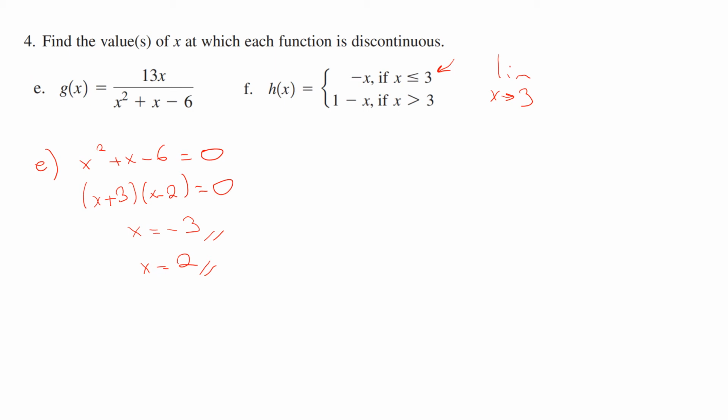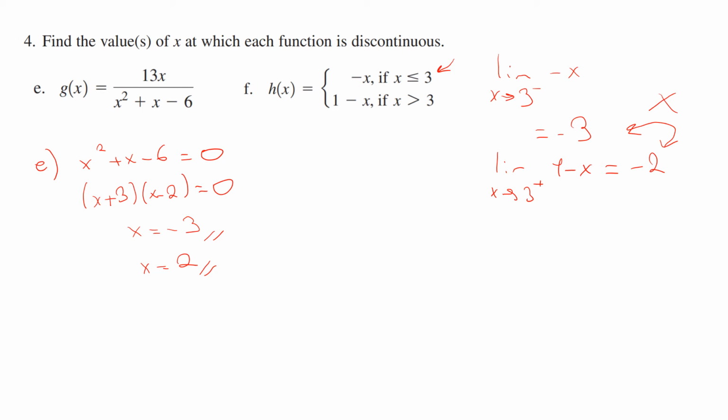For the left side, so negative x, I would be getting negative 3. For the right side, I would be getting 1 minus x as my function, which would equal, if I plug in 3, negative 2. And I see that these don't equal each other, therefore it's discontinuous. So you can say at x equals 3, the function is discontinuous.